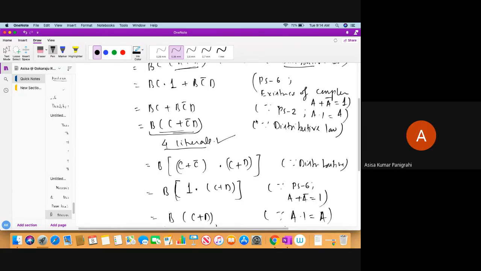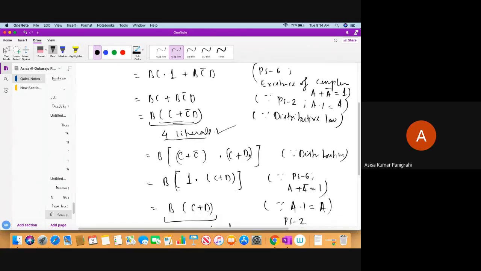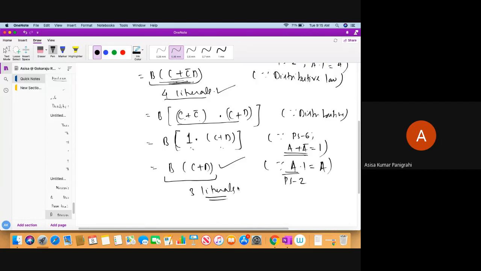In order to do that, for further reduction we used the distributivity of OR operator over AND operator. Then finally we saw that C + C' is nothing else, postulate number 6, existence of complement, to make it 1. Then the AND of 1 with C + D is postulate number 2. Then finally we have achieved 3 literals.